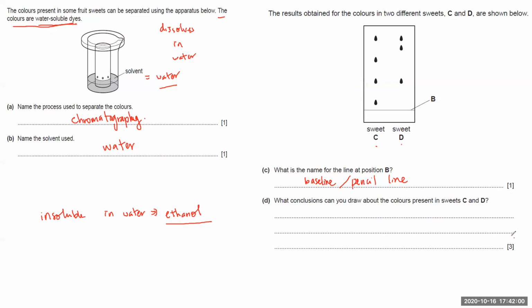Now look at this question. You must always look at the marks. This is a 3-mark question: what conclusion can you draw about the colors present in C and D? For 3 marks, you have to answer something that is worth 3 marks. For C, there are 4 spots, and for D, there are 3.